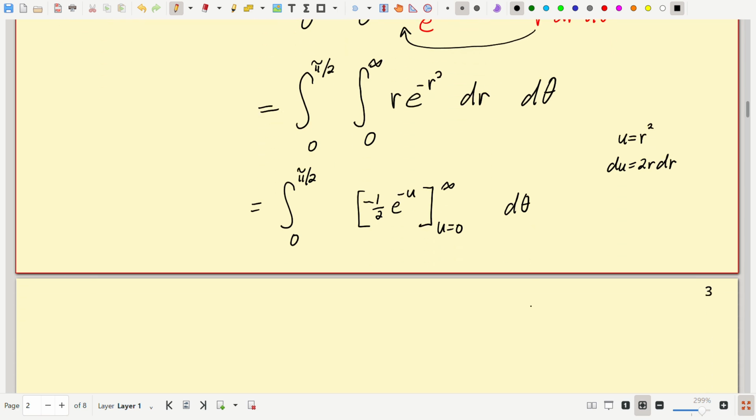And what's that? That would be 0 minus a half. So I'd get the integral from 0 to pi over 2.